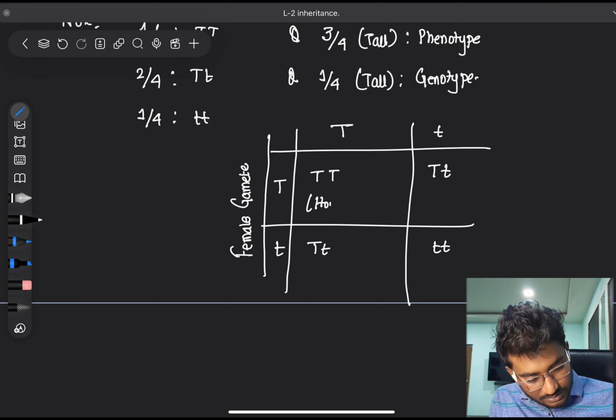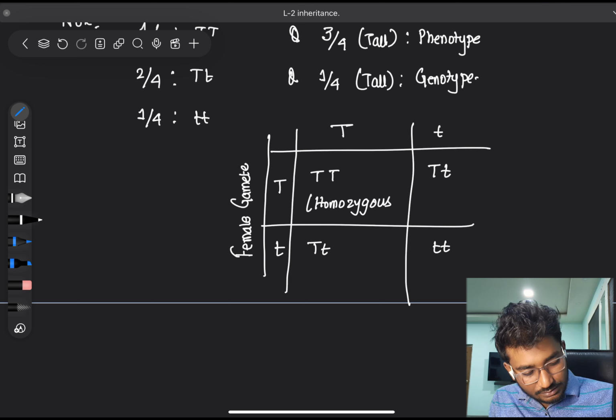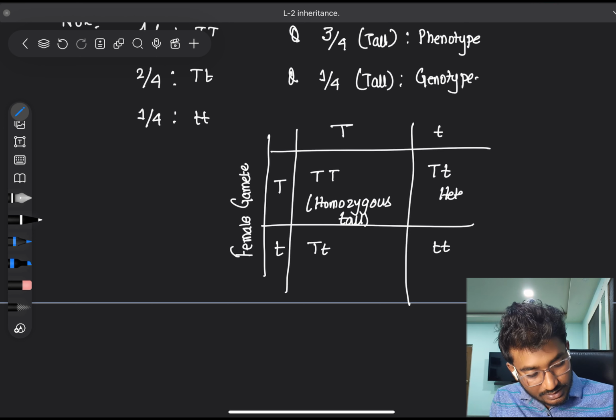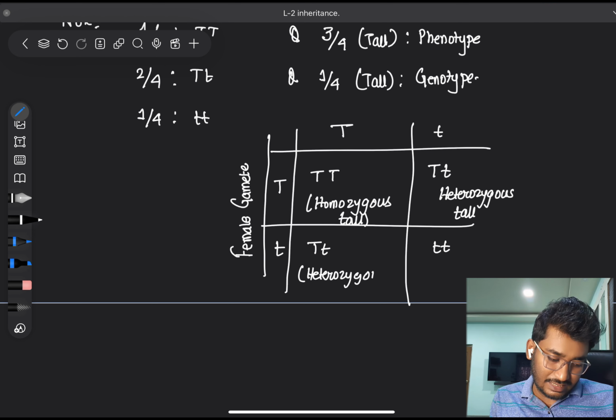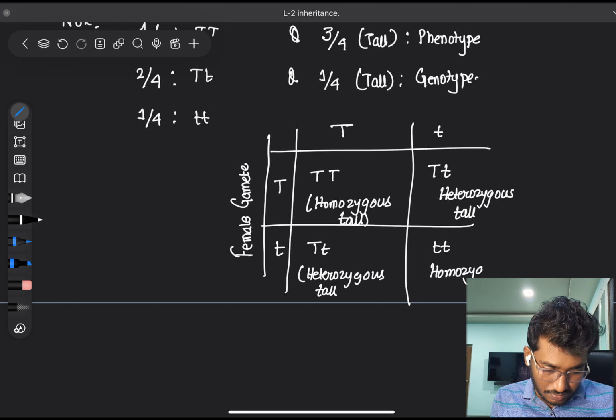So now this is homozygous tall. This is heterozygous tall. This is also heterozygous tall, and this one is homozygous dwarf.